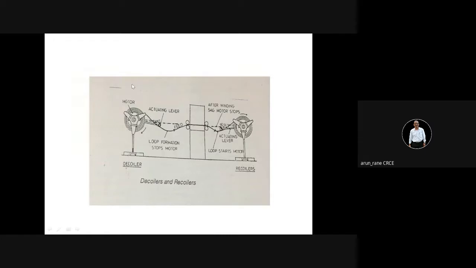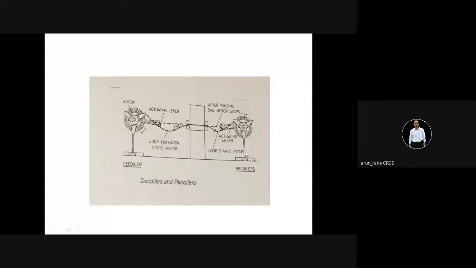So you have a decoiler here, then you have one here again, that is also called the recoiler. So these are the supporting equipment.